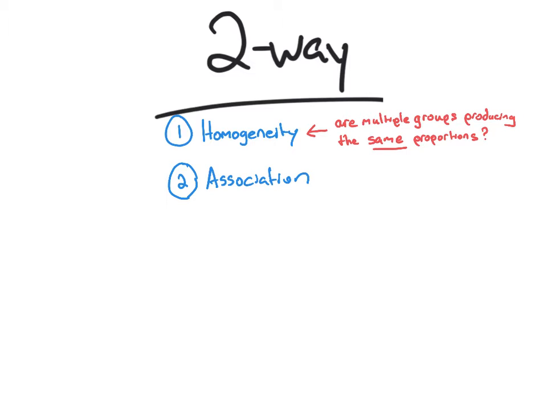That's what a homogeneity test is doing. Notice, are multiple groups producing the same? The word homo means same. That's where it comes from. So when we see the word same, we know we are doing a test for homogeneity.